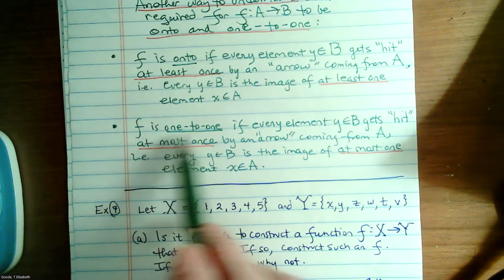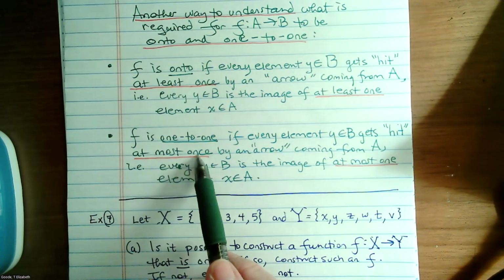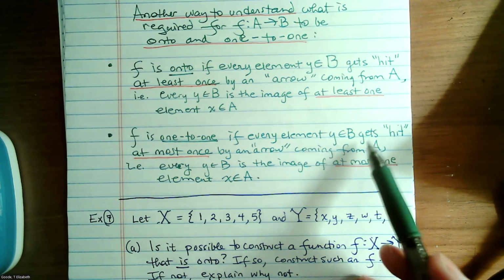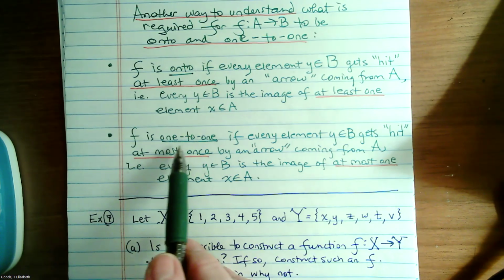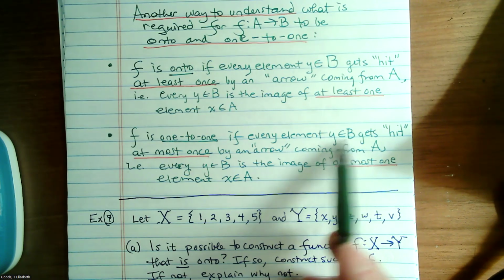And F is one-to-one if every element Y in B gets hit at most once by an arrow coming from A. You can't have something getting hit by 2 arrows. It's okay for an element of B to not get hit at all. You just can't have it get hit more than once.